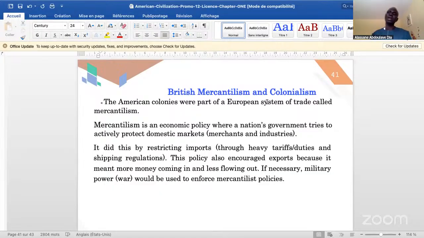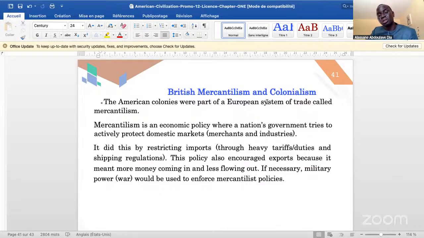There is also what you have to understand. During the occupation, the settlement, what is called British mercantilism and colonialism. What is mercantilism? The American colonies were part of a European system of trade called mercantilism. So Europeans had a system of trade, commerce, that they called mercantilism.